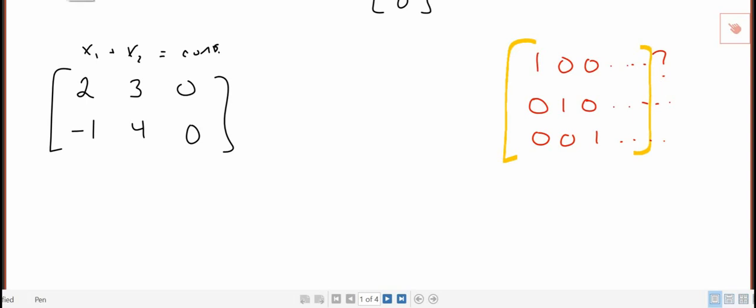It doesn't matter how we get there. But our goal is to have a 1 in the top left corner with zeros below it. Then a 1 in the second row, second column, zeros below it. A 1 in the third row, third column, with zeros below it. Ideally, it would be nice to have those zeros above it, but that's not always possible.